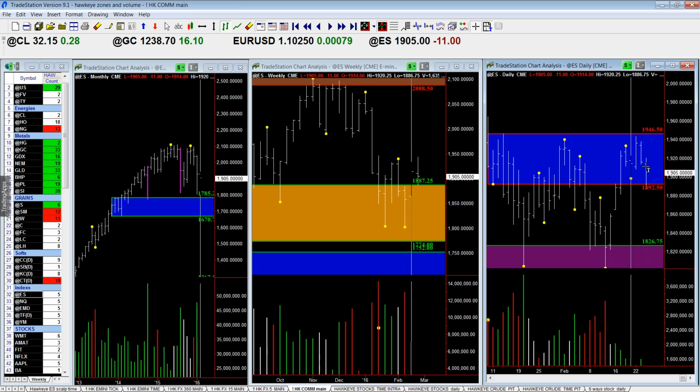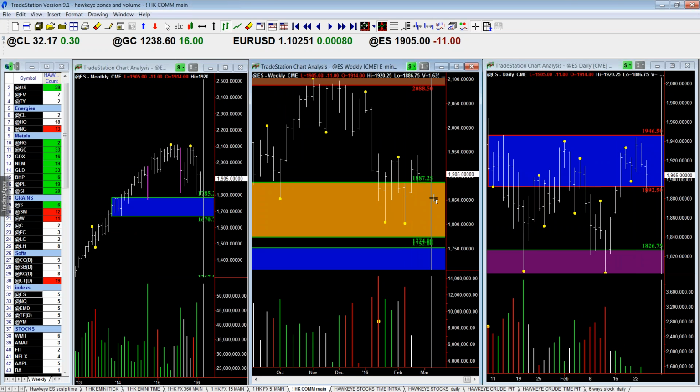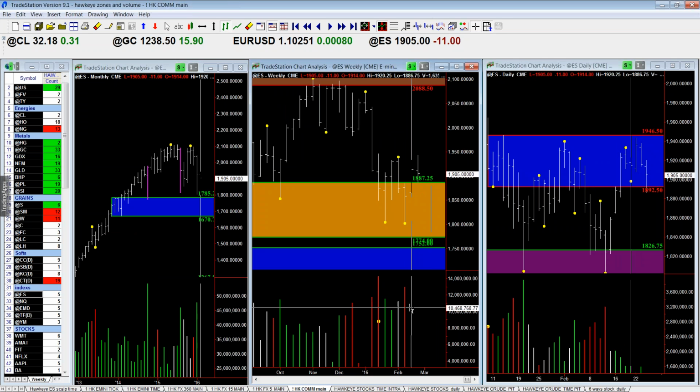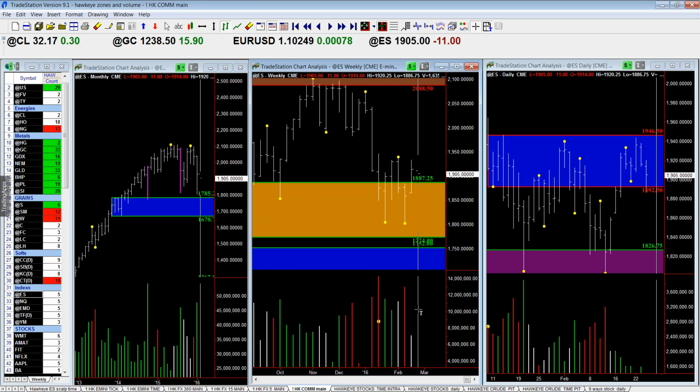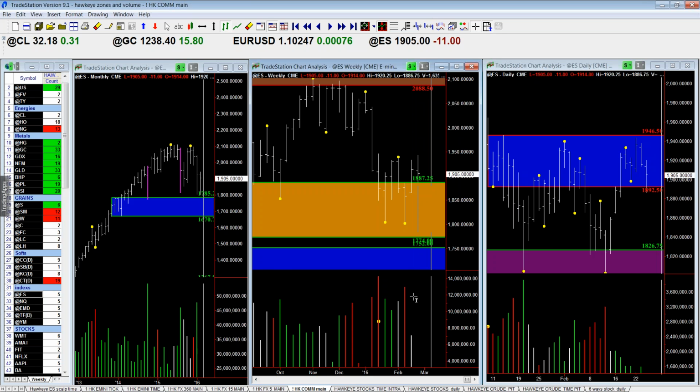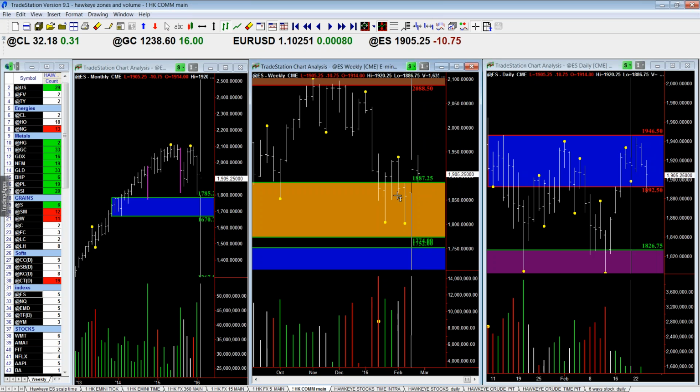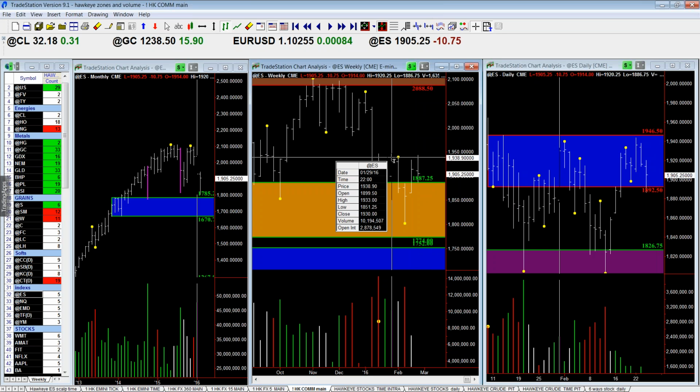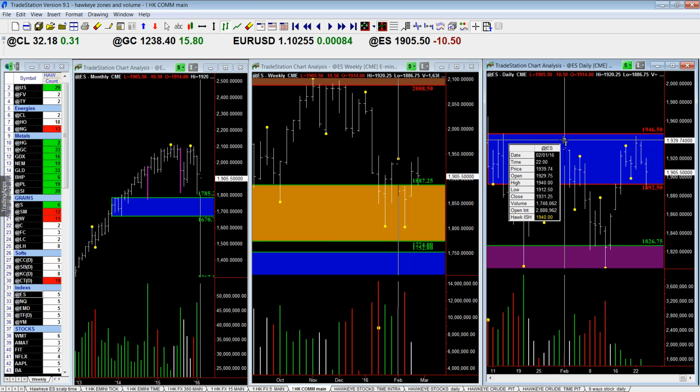We know that it's going to push itself down and it'll come down and revisit this area here of supply on the weekly, and push itself back up. Why? Because there's no demand there, which means that there's nobody selling there. There's also nobody buying there. As soon as it breaks out of that high here, which is this high over here, we know that it's going to start going to the races.